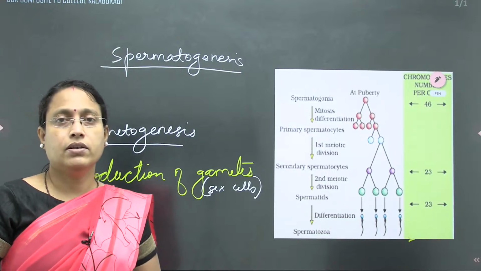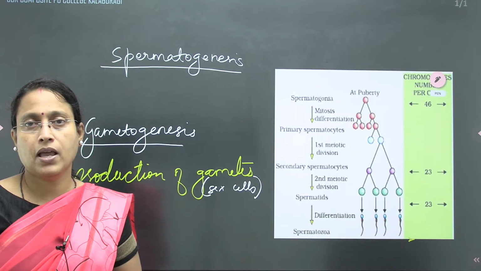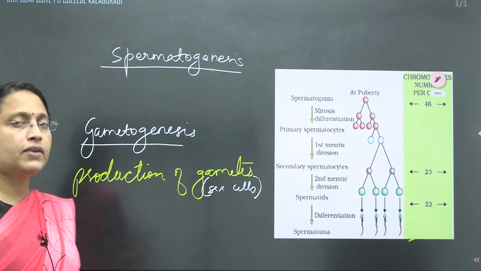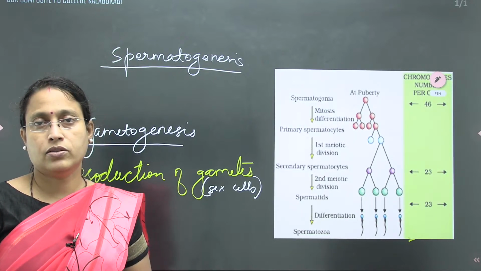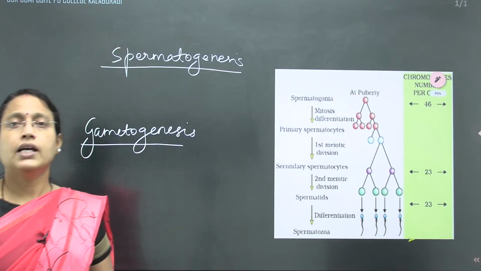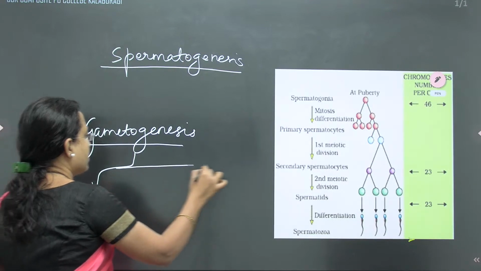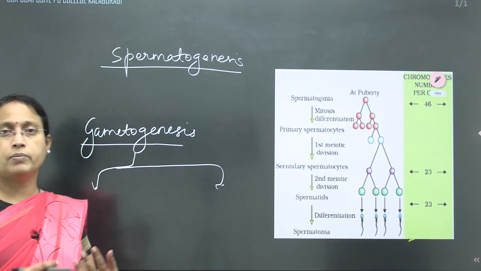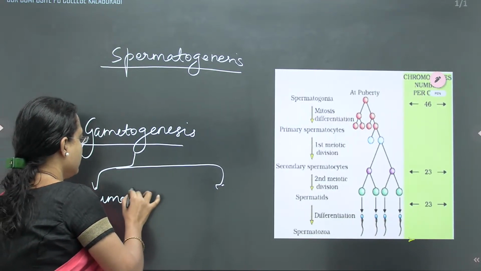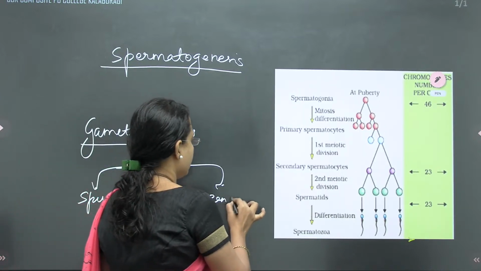So gametes are produced through the phenomenon going on inside the reproductive system, and that is gametogenesis. It's not only applied for human beings, it's a very general term applied for other animals also. Now gametogenesis can be of two types, further making it more organized: spermatogenesis and oogenesis.